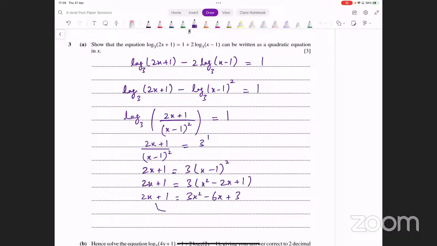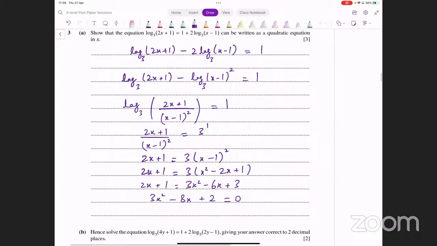And now take these terms to the right side as well, and that's going to give us 3x squared minus 6x minus 2x, that is minus 8x, plus 3 minus 1, that is 2. So we have plus 2 here equals 0. This is the quadratic equation that we end up getting from this. Okay, 3x squared minus 8x plus 2 equals 0.